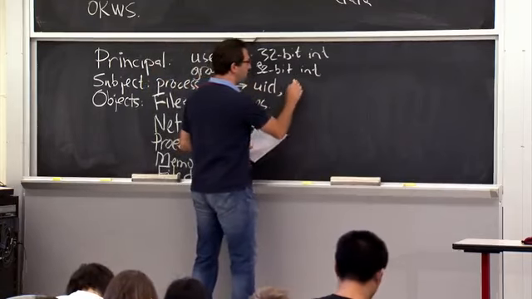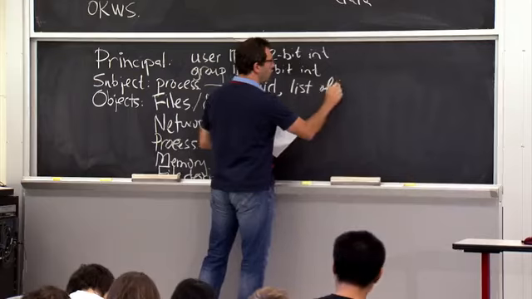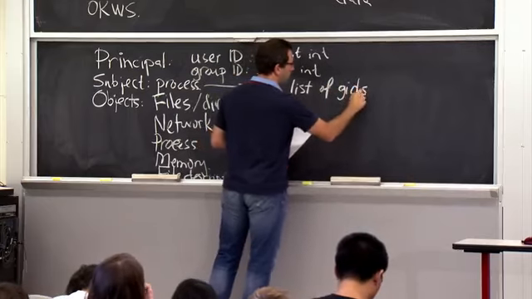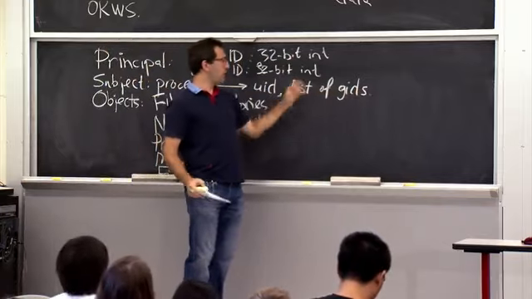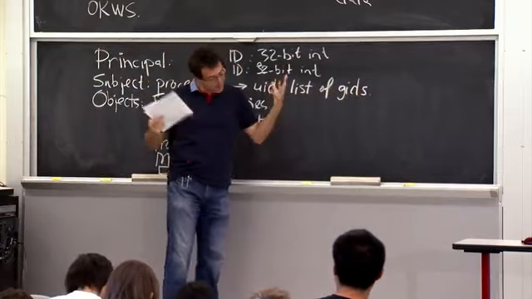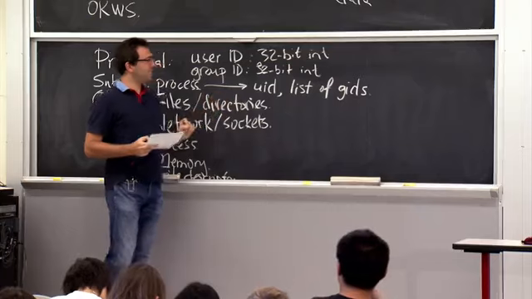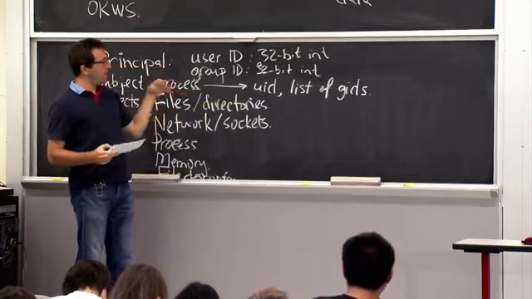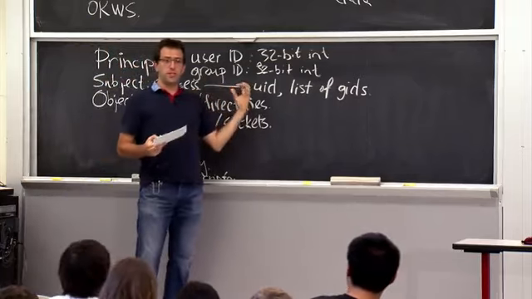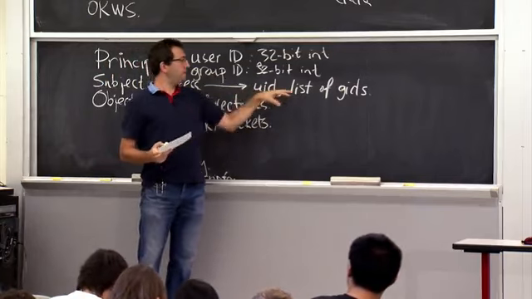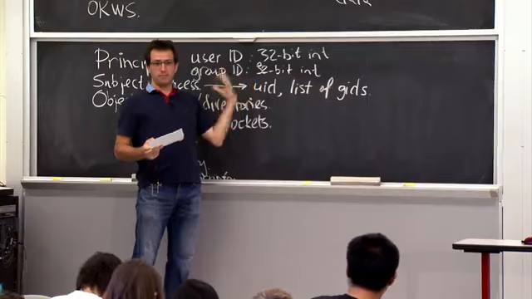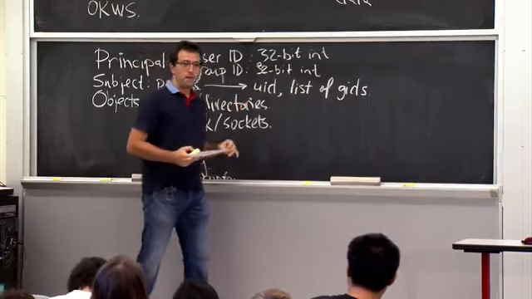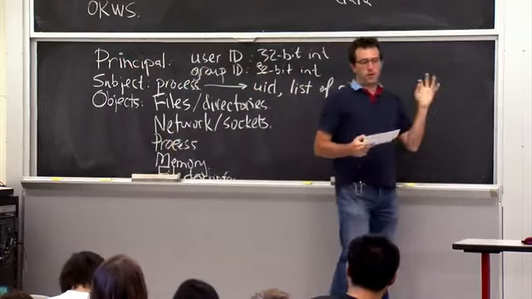And there's also a list of group IDs that a process has. For historical reasons, the group IDs are split into one and then a list of others. But roughly, a process can then exercise the privileges represented by all of these identifiers. So if there's something accessible to this user ID, a process can do stuff with it. All right, so that's how we think about what privileges a process has.